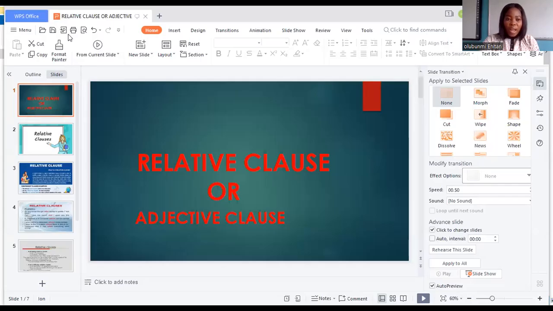Okay, so the lesson today is the relative clause. It's not as difficult as people think. No. It's such an easy topic to understand. And we start now with the relative clause.